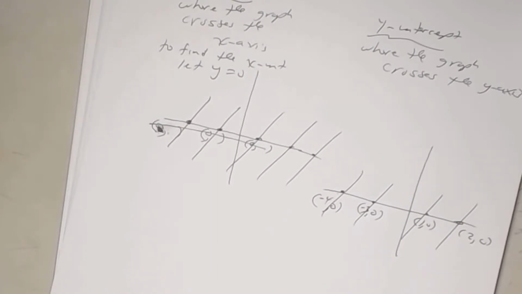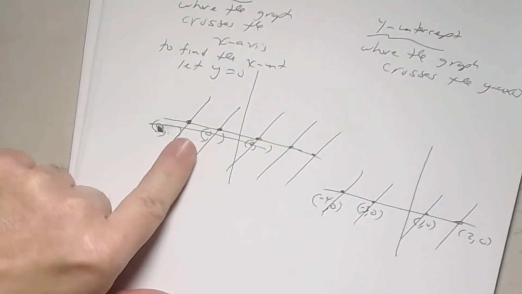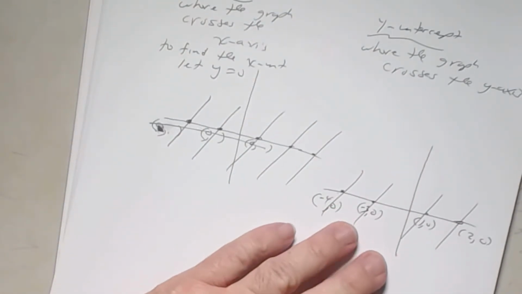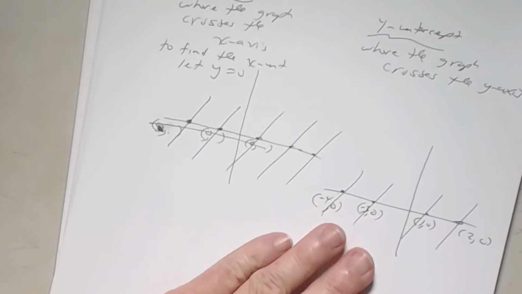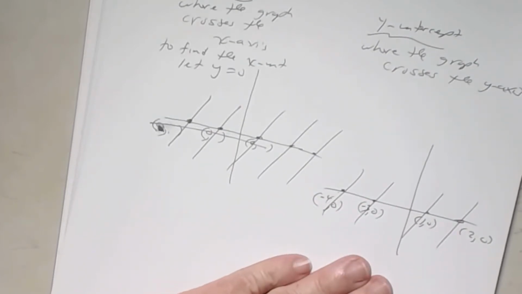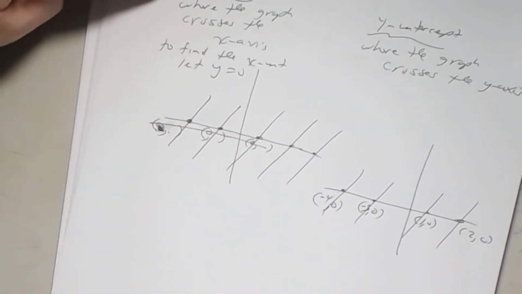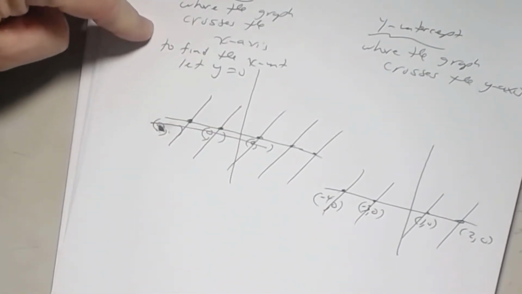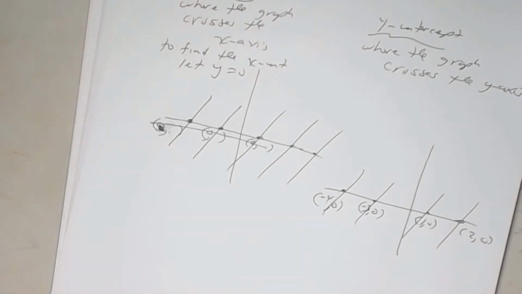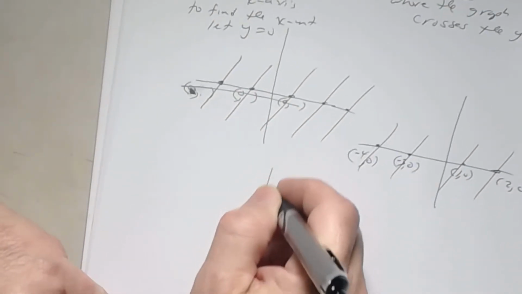And it's very simple to remember. Just do what we just did, although we weren't thinking very clearly here. No matter where you are on the x-axis, y is always 0. So you're going to see in a little while that if you want to find the x-intercept, you're going to let y equal 0.